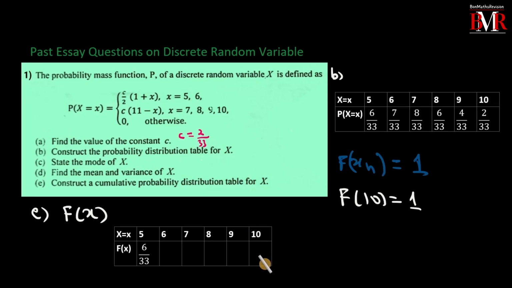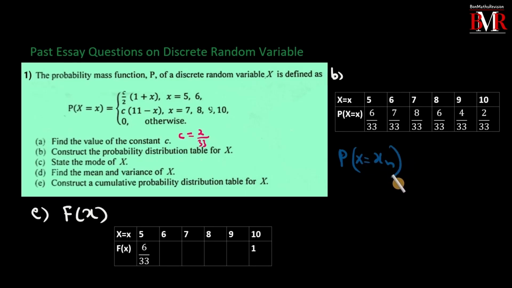That is, here is 1. You also need to know that for any value, let's say xn, the probability of x equals xn is always equal to the cumulative value of xn minus the cumulative value of xn minus 1. xn minus 1 is the previous value before xn.